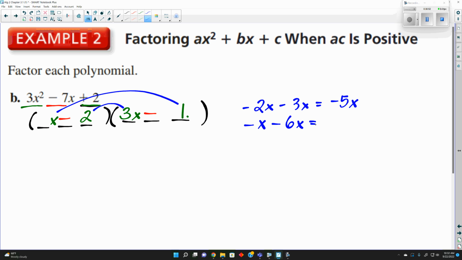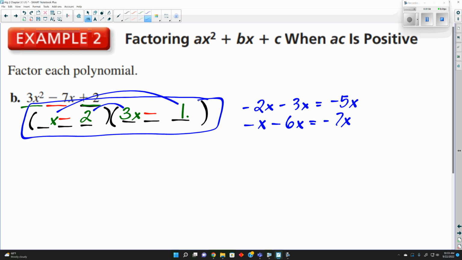And negative x minus 6x, negative 1 minus 6 is negative 7x. Is that what we wanted? Yeah. So those there are the correct factors. Any questions on any of this here?